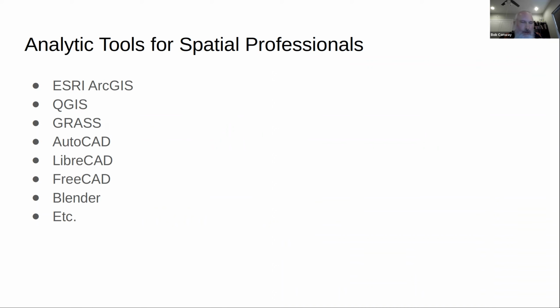It may depend. Like I said, the alternatives to Esri are QGIS or GRASS. I personally have not used those in great detail. I usually interact with people who do, but those are the biggies in GIS for professional analytics.